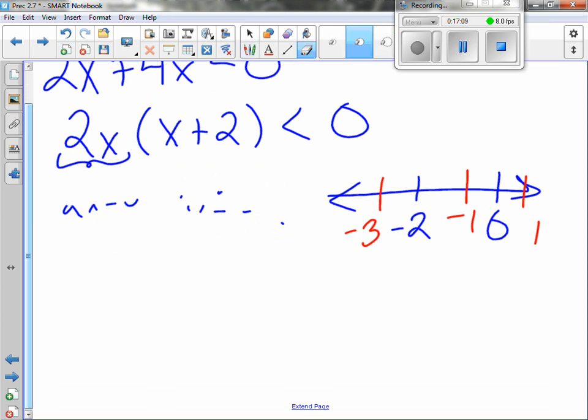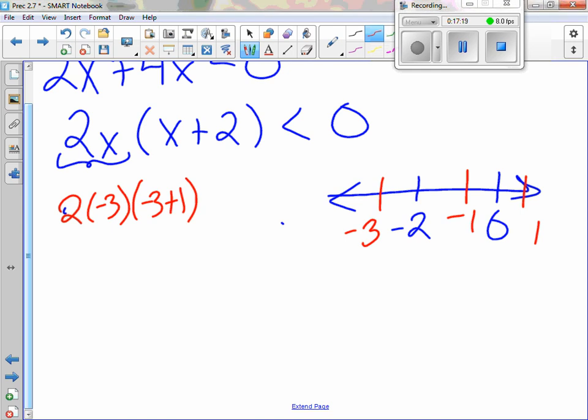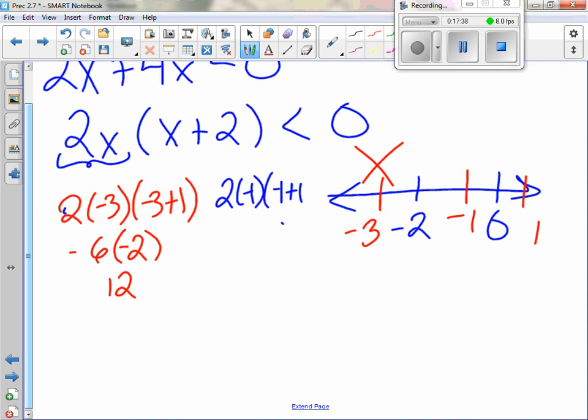So I'm going to erase this here so we can check. -3 will be 2 times -3 times -3 plus 1. 2 times -3 is? Which is that less than 0? No. -1. What's -1 plus 1?